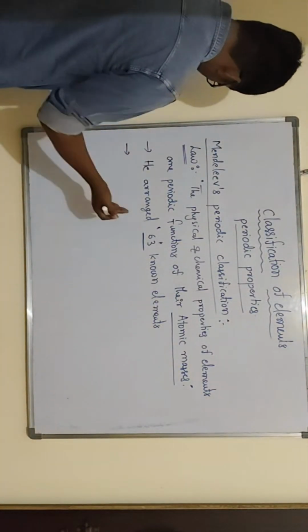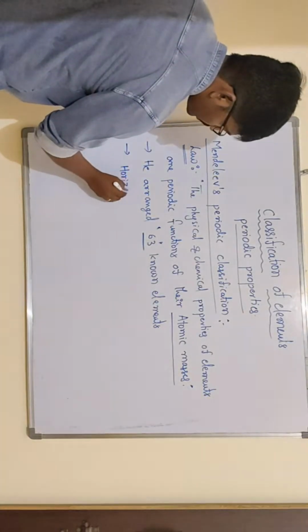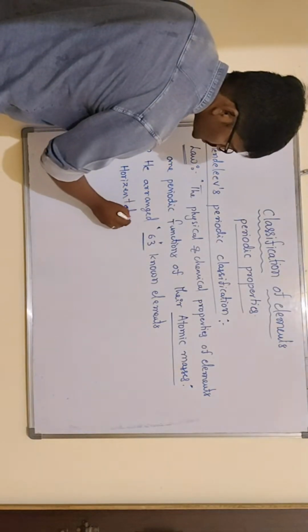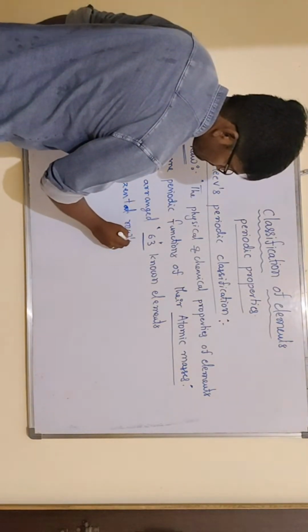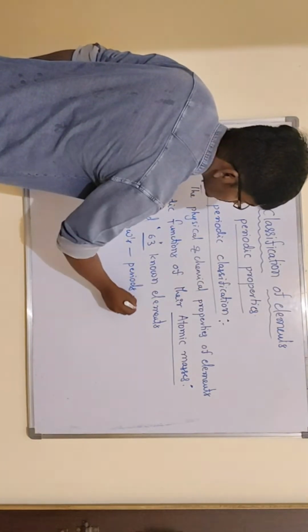Horizontal rows are called periods, and there are 7 periods.